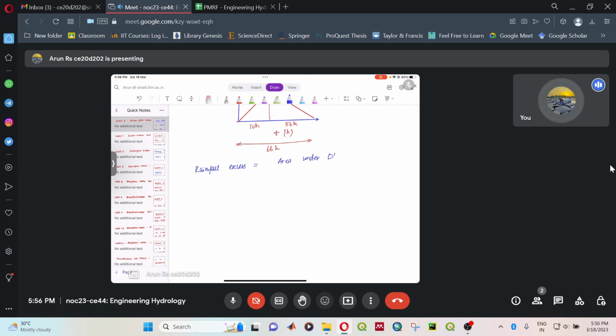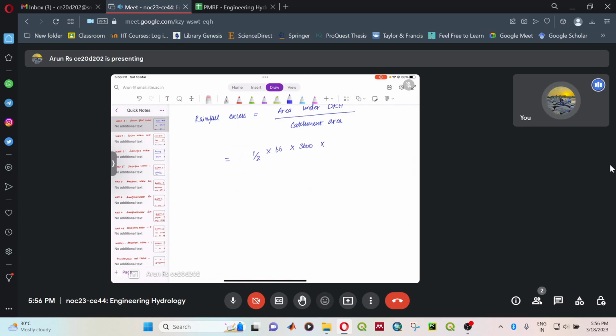Again, area under the DRH divided by catchment area. So this will be equal to half into base, which is 66, into 3600, into 30 meter cube per second, divided by 189 into 10 power 6. This will give the result in terms of meter, but we need it in centimeter, so I am multiplying it by 100.